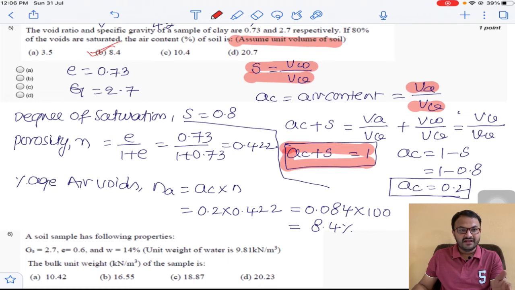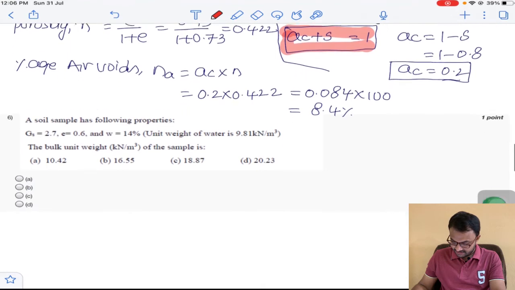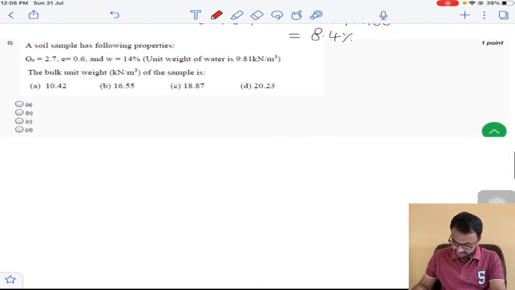That's why air content is 20% and water content is 80% in the total volume of voids, but in the total volume of soil air content is only 8.4%. Is it clear? Okay, next question.